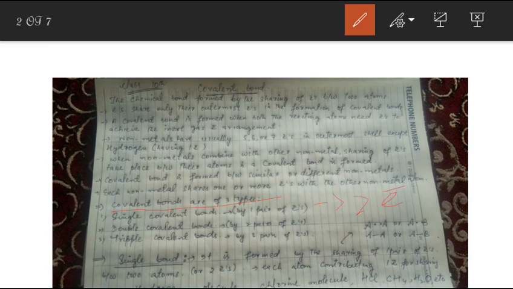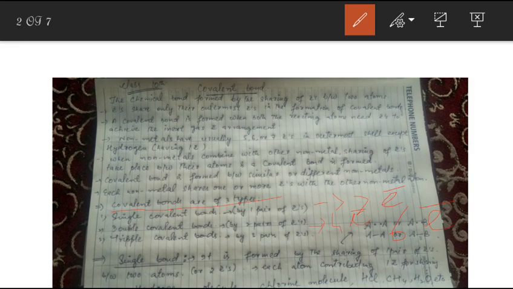The second is the double covalent bond, formed by two pairs of electrons, a total of 4 electrons. The third is the triple covalent bond, formed by three pairs of electrons, a total of 6 electrons.